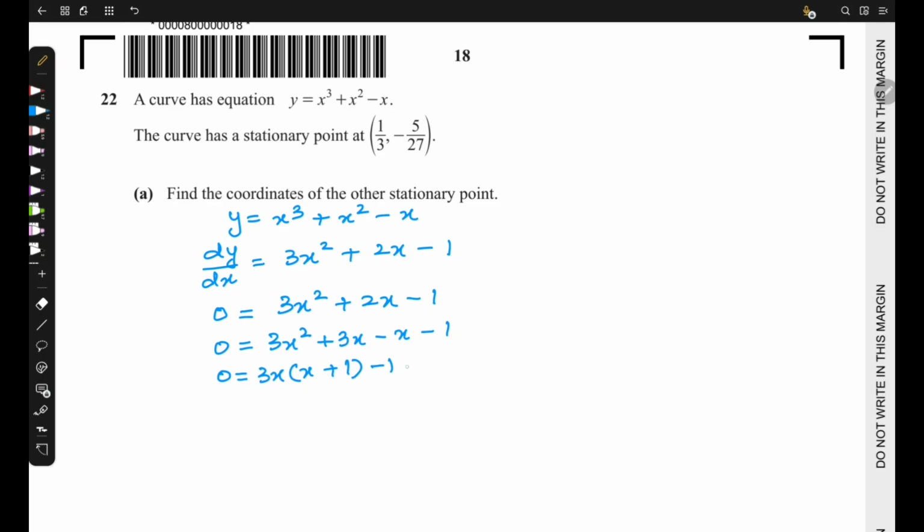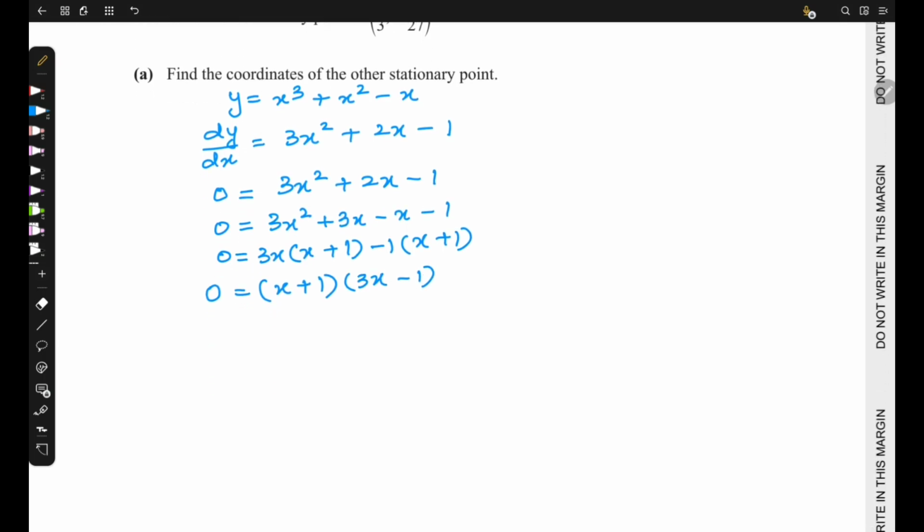In the last two I take minus 1 as common, I'll get x plus 1. x plus 1 is common and we get 3x minus 1. Now if we solve it, x plus 1 equals 0 or 3x minus 1 equals 0. Over here I will get 1 over 3 and the second value is minus 1.